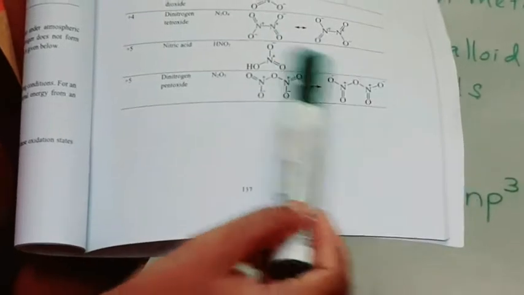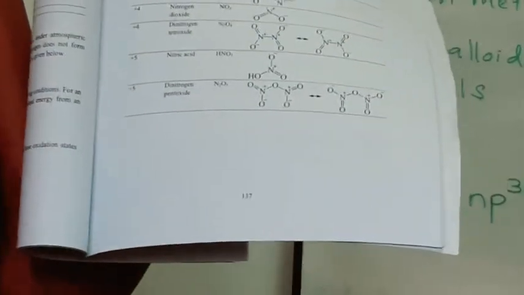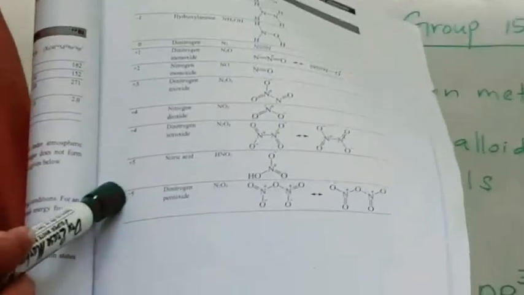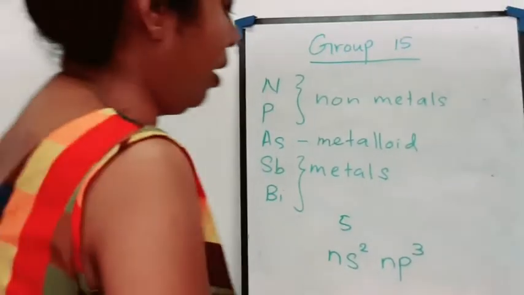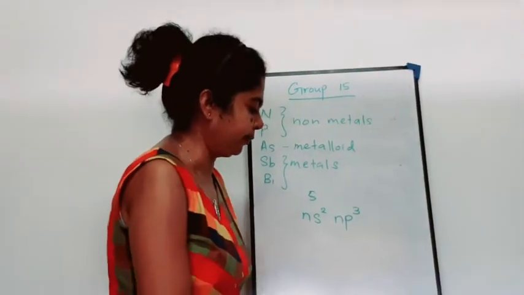Then we can draw two structures for this also. These are the oxidation states. So nitrogen has all the oxidation states from -3 to +5. You can refer to page 137 of your resource book.